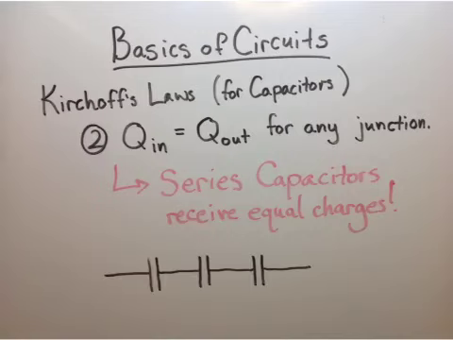It works this way because when charge comes out of the battery, it initially only actually accumulates on the first plate here. So if, let's say, that's positive charge on that plate, there will end up being negative charge on the other side. But if you think physically about where that would have to come from, it has to come from the plate next door. All right?